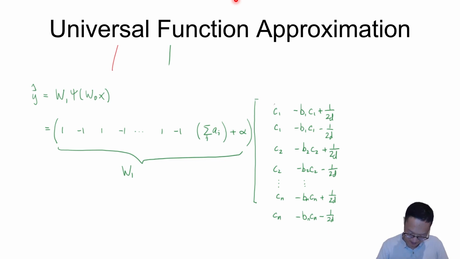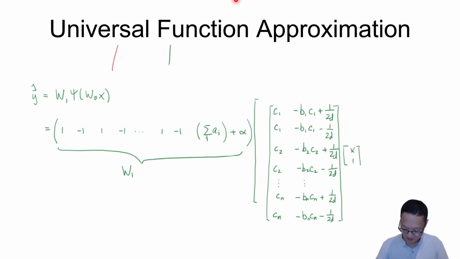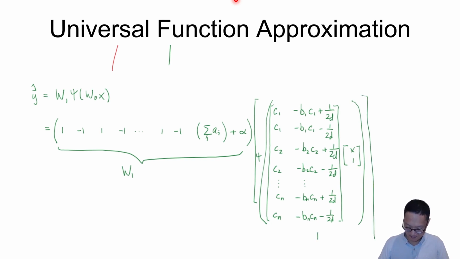Then we take this whole thing, which is a 2n by 2 matrix, and multiply it by x and 1. After that, we apply the activation function, the psi function, to this entire thing, and then append the 1 at the end.